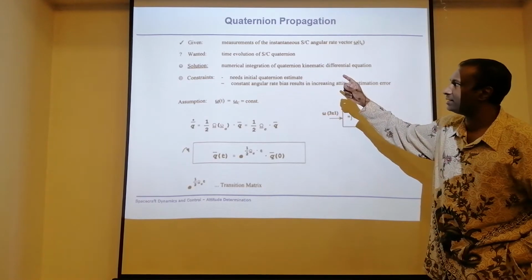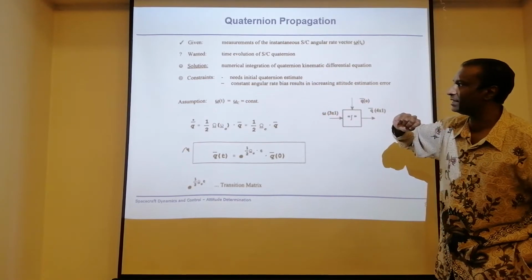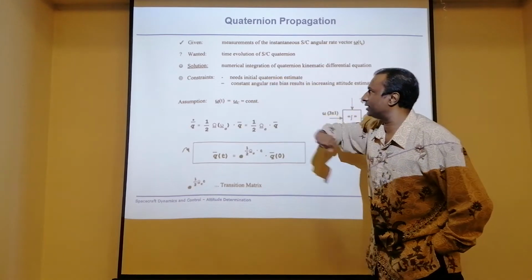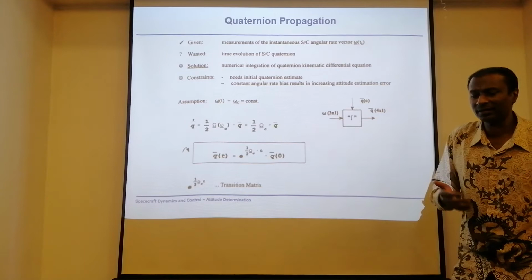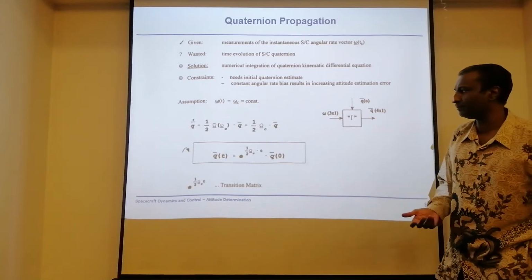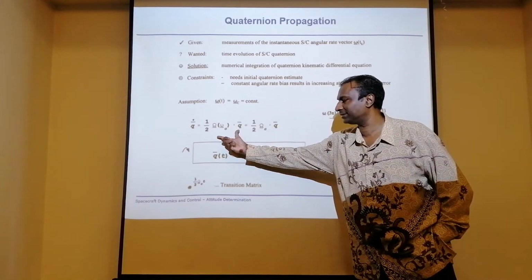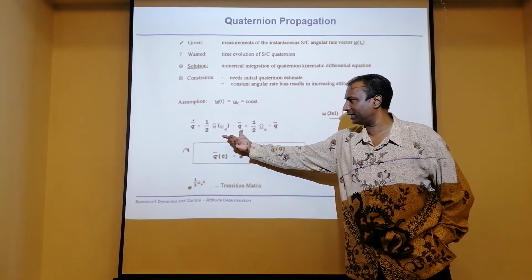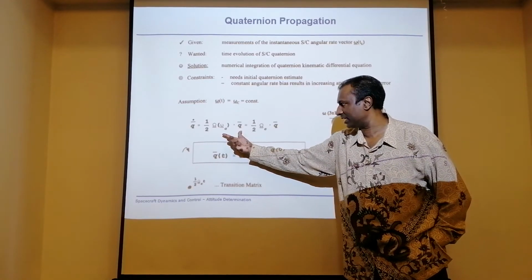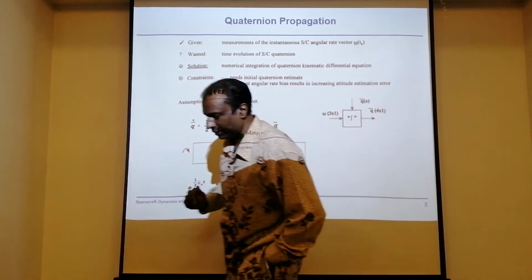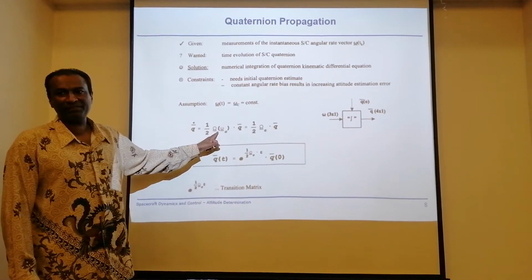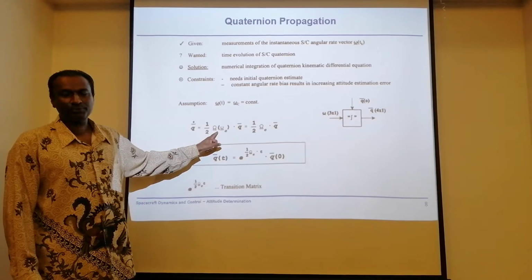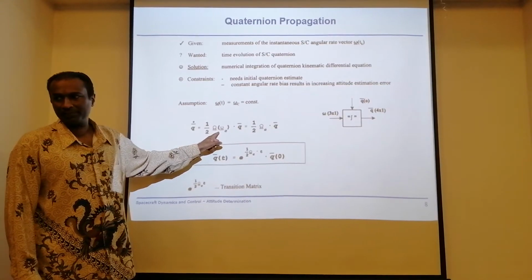What is given is basically the measurement. What is needed is the time evolution of the spacecraft quaternion. That means the attitude is what you need. Please refer back to your note on kinematics, where I invoked this. Now, attention needs to be given to omega. Please refer back to that note. Be very careful of omega.